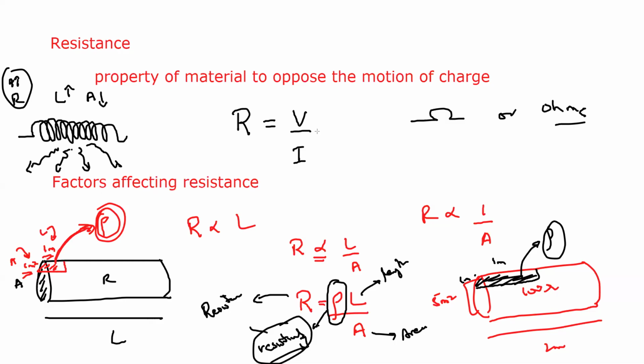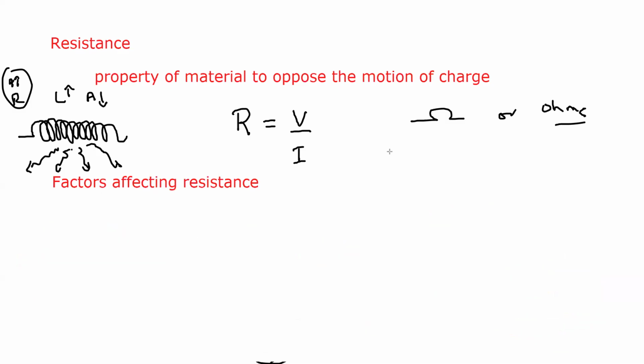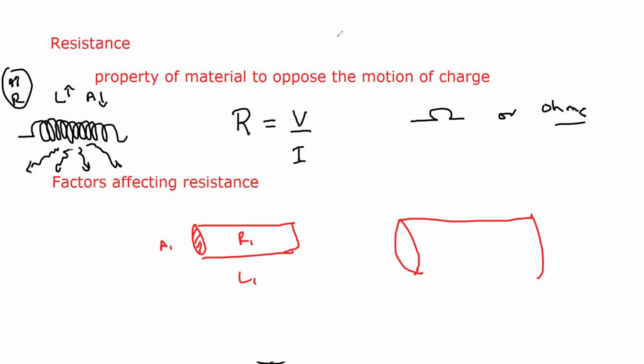If we have two wires with different lengths and different cross-sectional areas, we can compare them if they're made of the same material. Let's take two copper wires. The first has length L1, area A1 and resistance R1. Another copper wire has area A2, resistance R2 and length L2.